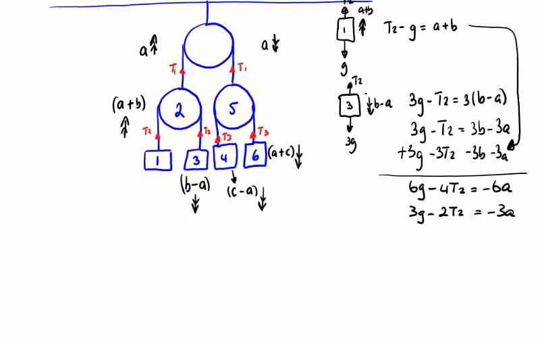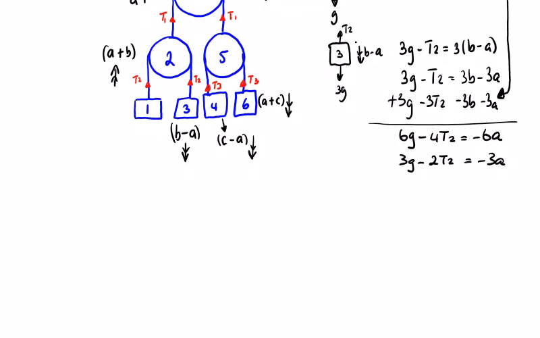So if I do something similar with the 4 and the 6, let's have a look at the 4. 4G, T3 going this way, and we're going to try and eliminate C from these equations. We know the 4 is going up. I had it coming down here, it's going up.